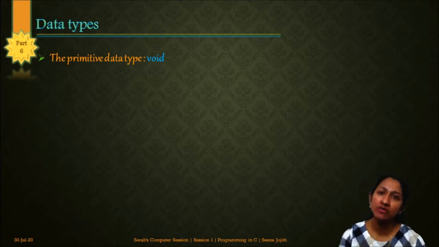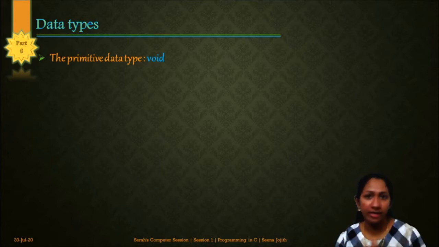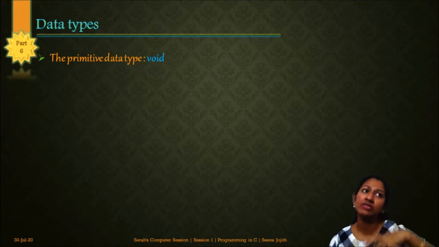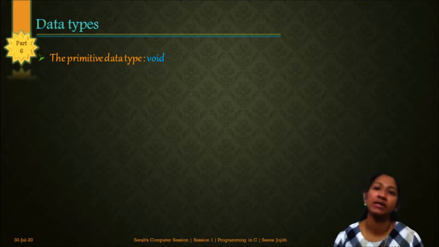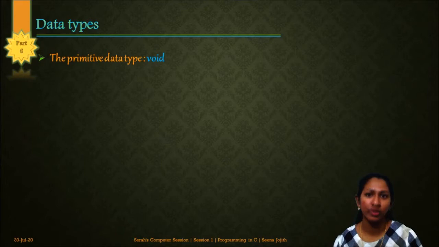When we use functions in programming, there will be circumstances where we have to return a value back to the main function. So when we have to return an empty value, or when we are not returning anything, we usually use void. This will be dealt with by myself in my future sessions where I'll take functions in detail, don't worry.